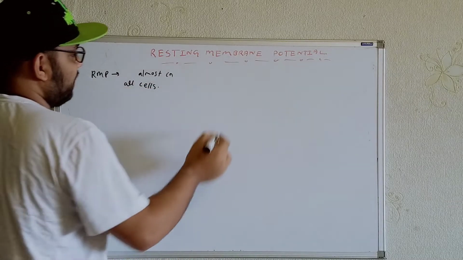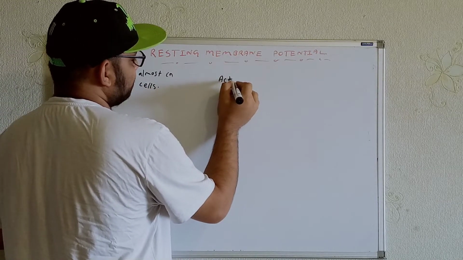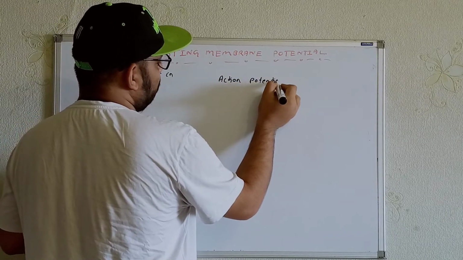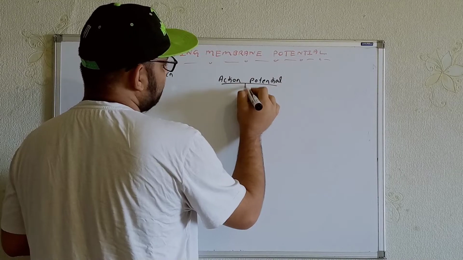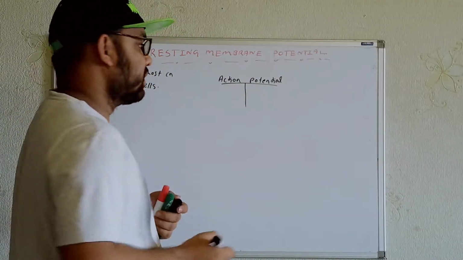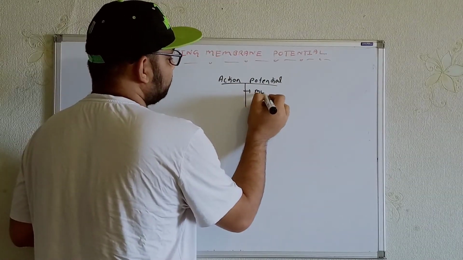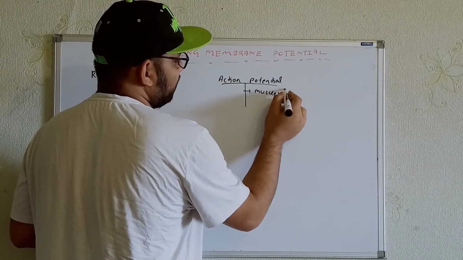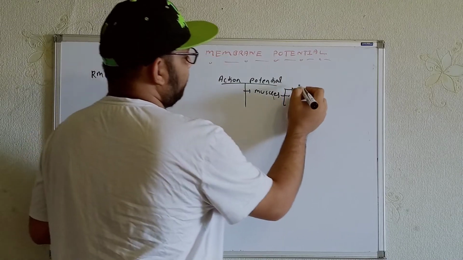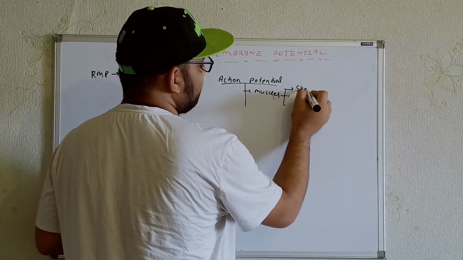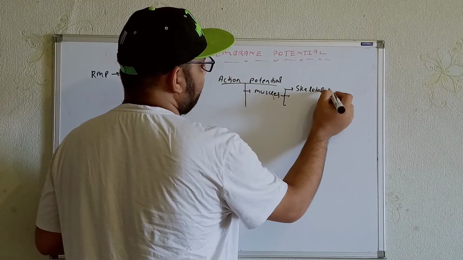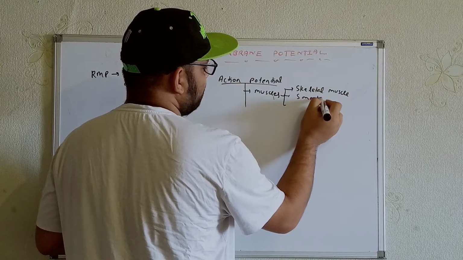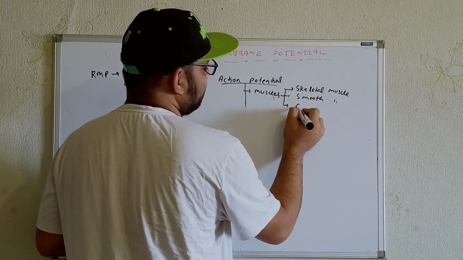Now what about the action potential? Where can we see the action potential? We can see it in muscular cells, that means within the muscles, specifically skeletal muscle, smooth muscle, and cardiac muscle.